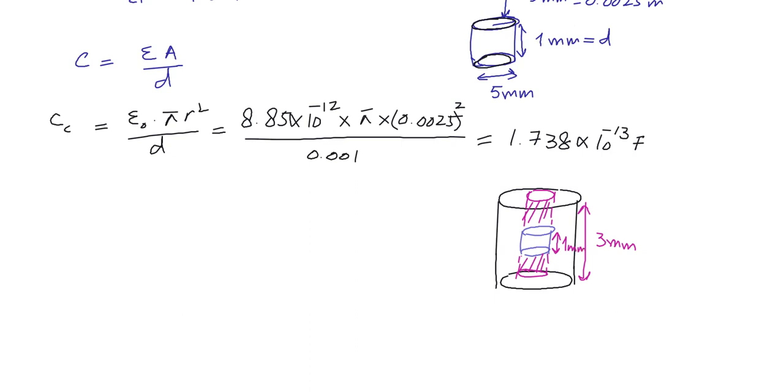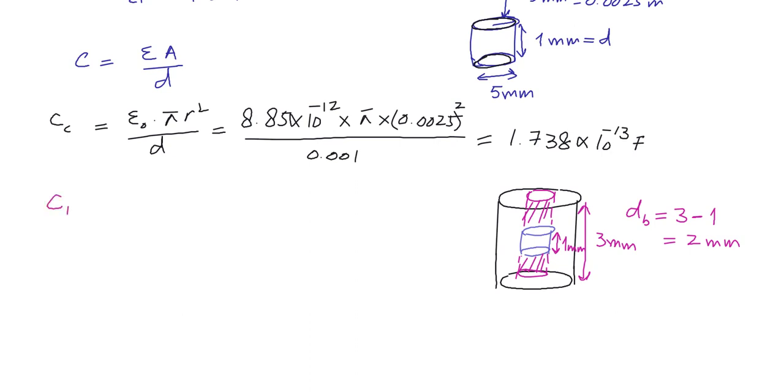So what will be the height of the healthy part? That will be 3 minus 1, so d of b will be equal to 2 millimeter. Okay, so this will be our d for the healthy part, which is in series with the cavity.